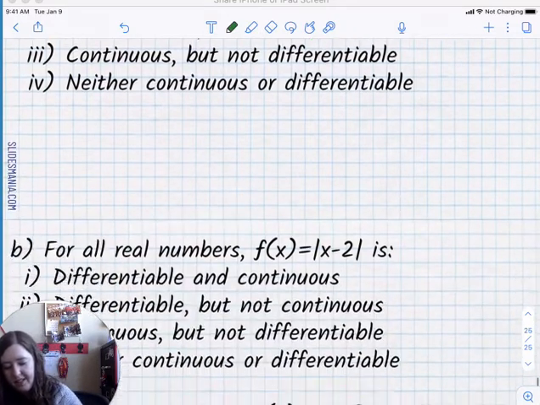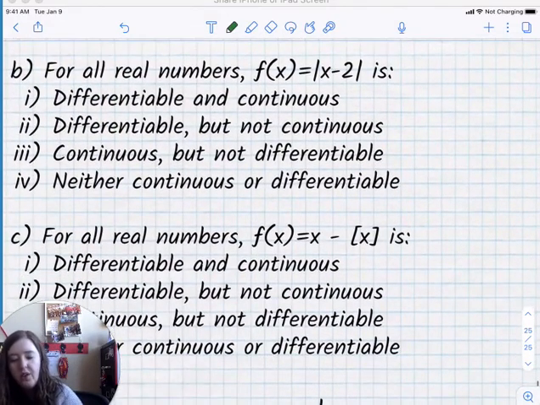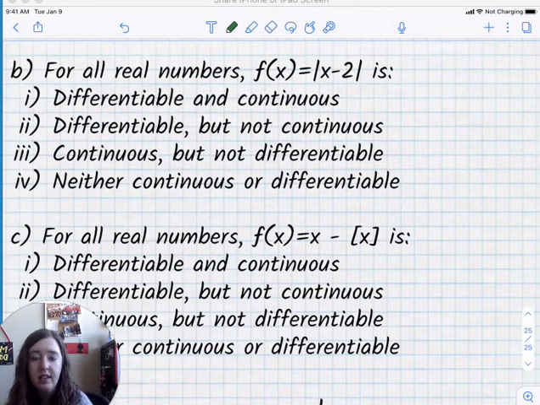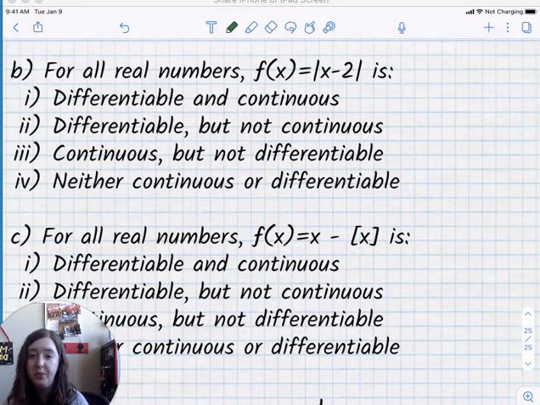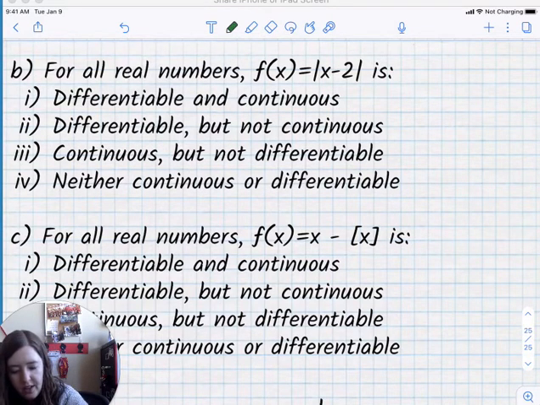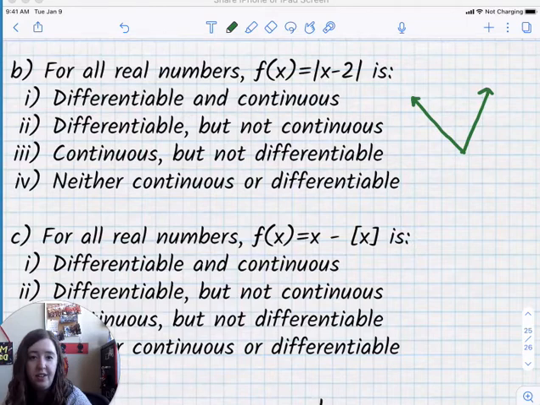Okay, let's look at this next one. For all real numbers, f of x equals the absolute value of x minus 2 is differentiable and continuous, differentiable but not continuous, continuous but not differentiable, or neither continuous nor differentiable. So, if we think of this guy, this is what an absolute value function looks like.